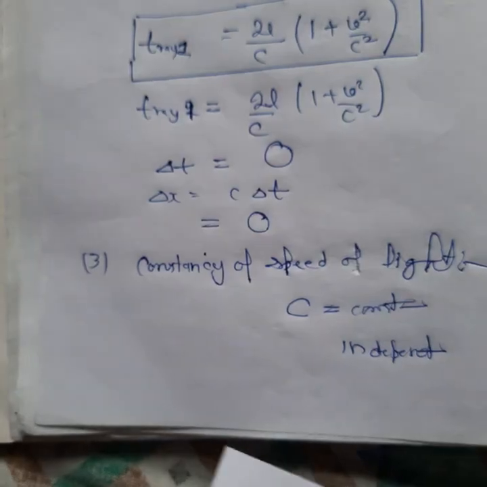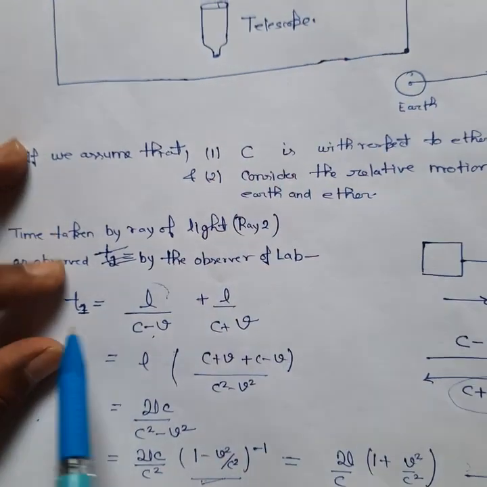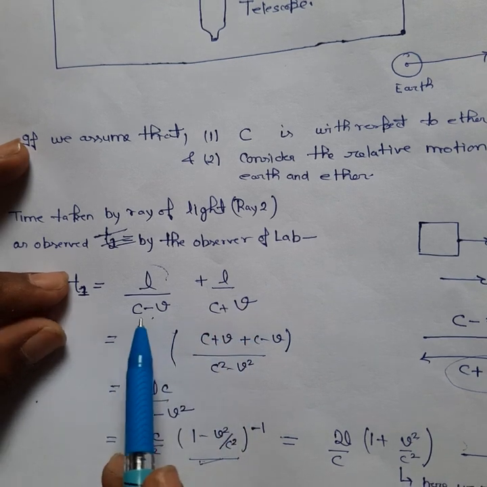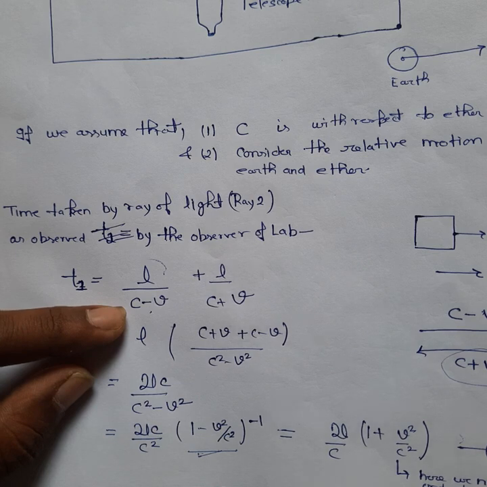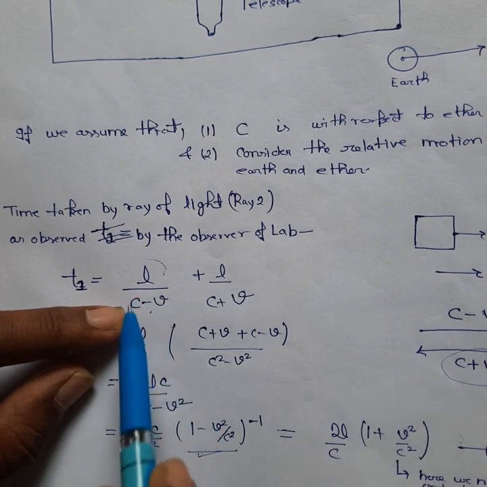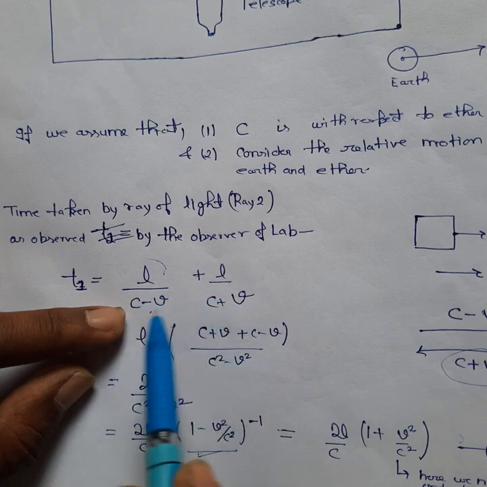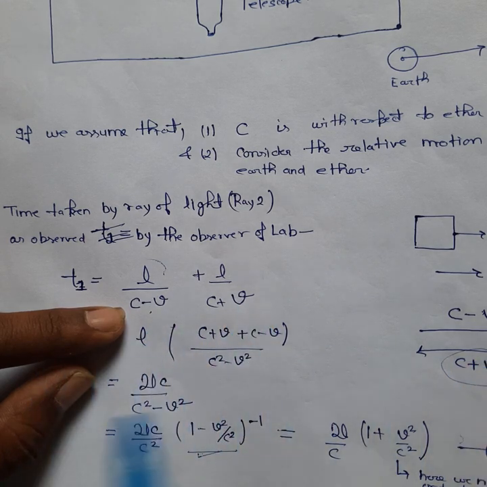So if you look back to your calculation, you will find that we have calculated the time for ray 2 as L by c minus v plus L by c plus v. According to the hypothesis of Einstein, the speed of light is constant and independent of motion, so c minus v will be equal to c plus v, because it does not depend on the relative motion of observers.